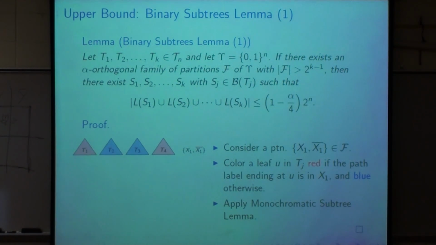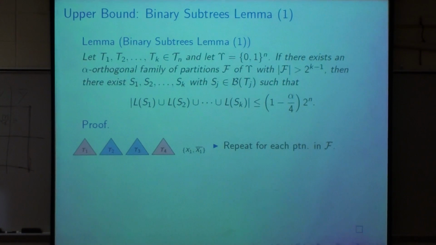Now remember, we have a lot of partitions. So let's do this again and again, once for each one of the partitions in our alpha orthogonal family. Maybe if we do the same procedure with the second partition, we get some blue subtrees here in the first two trees, and maybe in the second two trees we get red binary subtrees. We do it again, we might get a different pattern of red and blue binary subtrees.